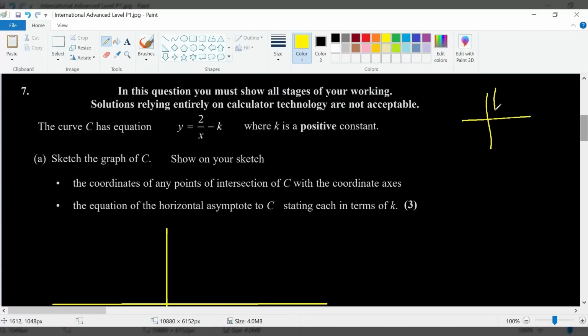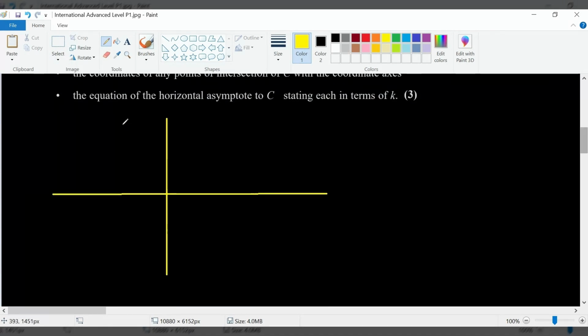So now let's see how it works. Initially, it's saying y equals 2 over x minus k, so you will have a graph plotted something like this. This is the y-axis, this is the x-axis.